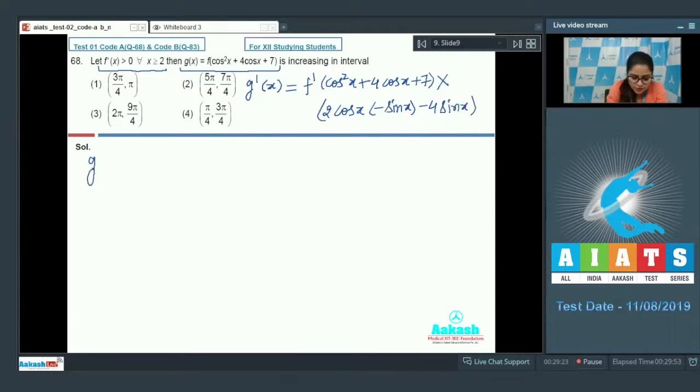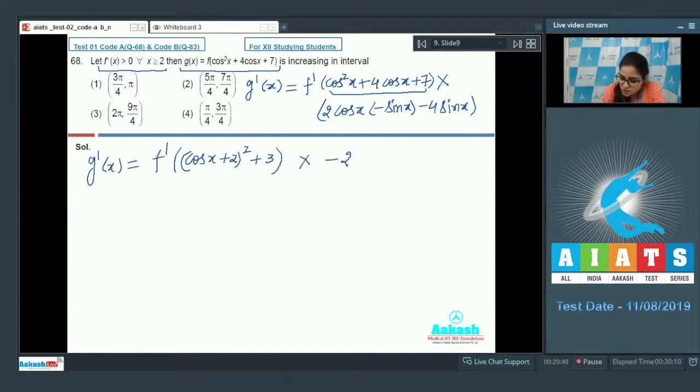Okay, now g dash x is equal to f dash of, just make a perfect square. So you can see easily this is cos x plus 2 square plus 3, multiply, just take common, minus 2 sin x and you will get cos x plus 2.